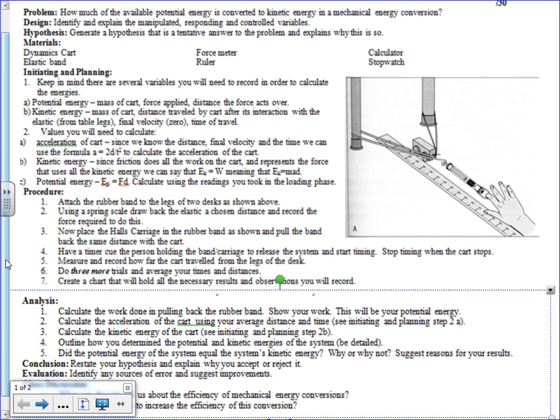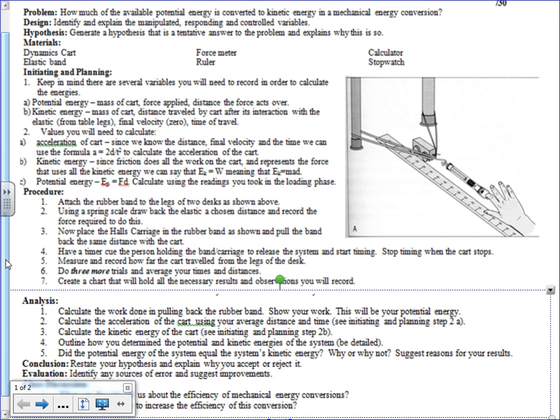Here's the reason we want to do that. We're going to use an acceleration formula in this lab that we don't actually use for anything else in Science 10. The reason is that we don't know the initial velocity of the cart. There's no way for us to find that out or measure that in this lab.